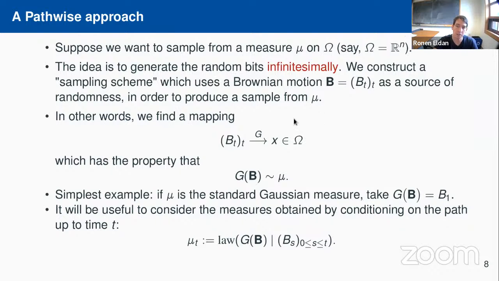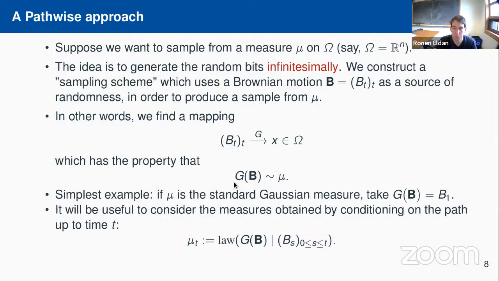And what we want is to find a mapping G, which takes as an input the path of a Brownian motion. So the input is not just one point, it's the whole path of the Brownian motion between time 0 and time infinity. And the output of this function is a point x in our space. We want G to push forward the canonical measure on the space of paths to the measure mu.